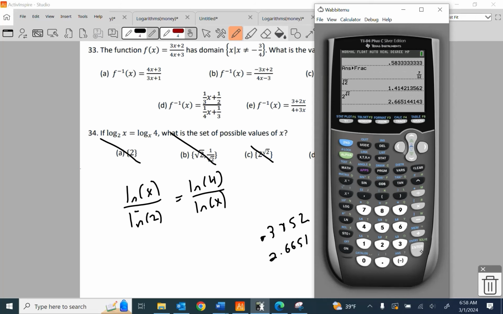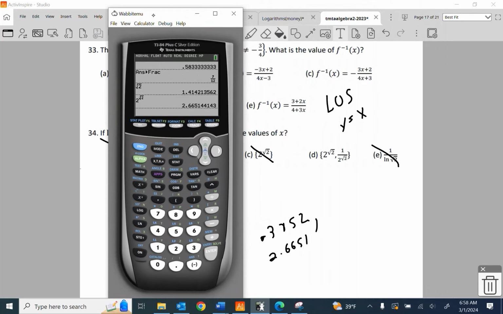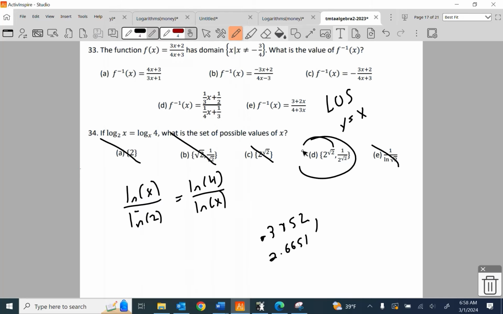Is that the bigger decimal? And I think the other one is 1 over 2 root 2. Yeah, it is. Choice D.